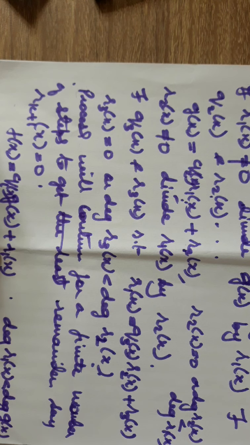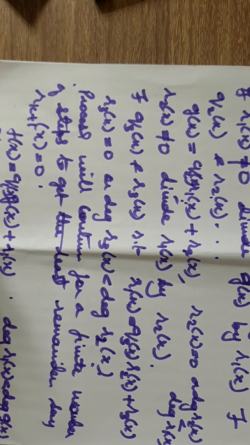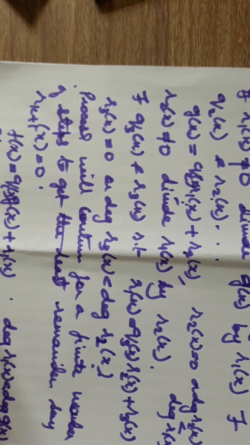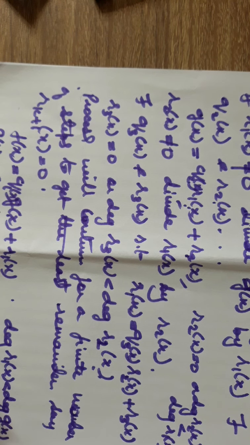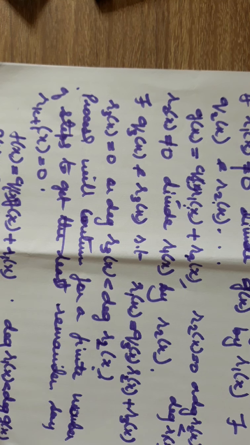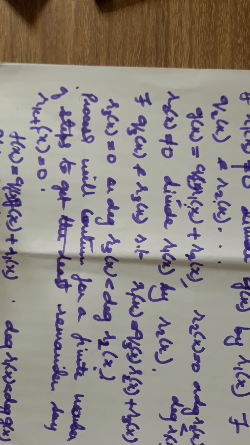Now if r1(x) is not equal to 0, you divide g(x) by r1(x), so there exists a quotient polynomial q2(x) plus the remainder r2(x), where the degree of r2(x) is less than the degree of r1(x).